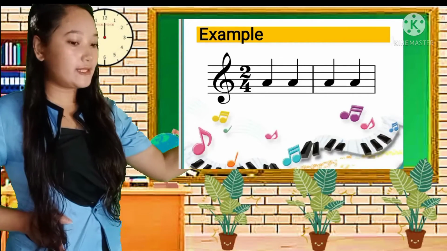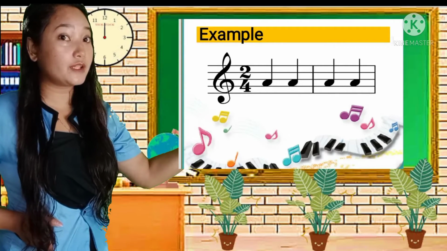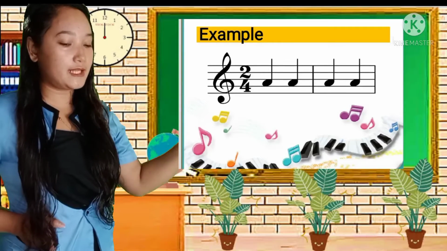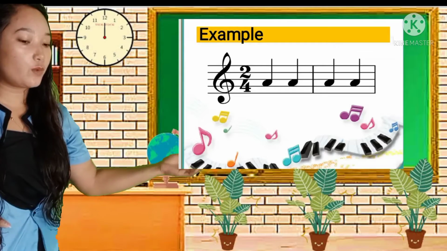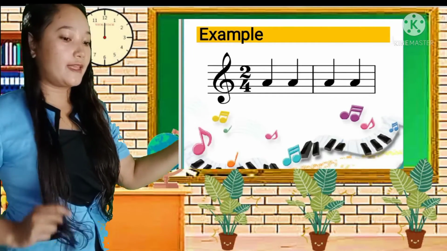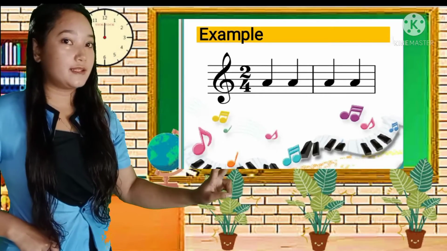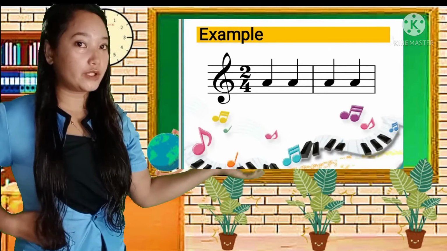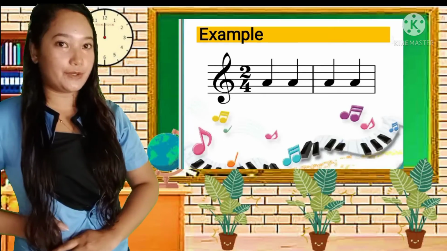As you can see, in the first measure, it has quarter notes, which have an equivalent value of 1 beat each. So 1 plus 1 is equal to 2 beats. And then the second measure is also the same, which has 2 beats again. So it means that 2/4 has 2 beats each measure.